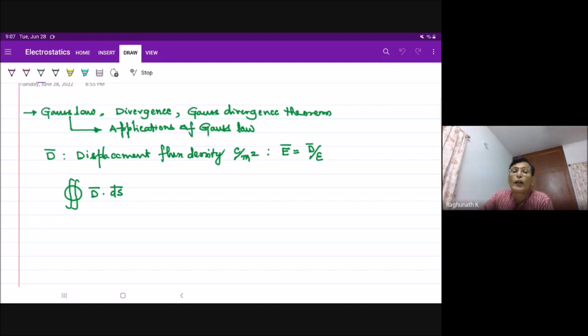Total outward normal flux through any closed surface is equal to the charge Q, which is the net charge enclosed by the closed surface.